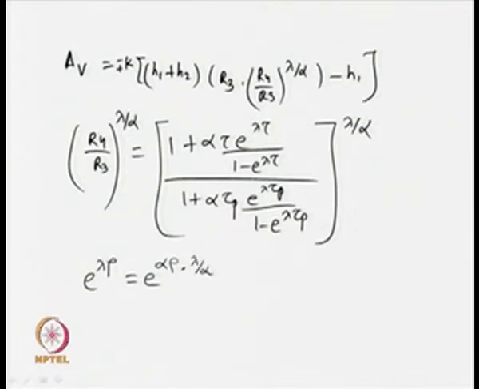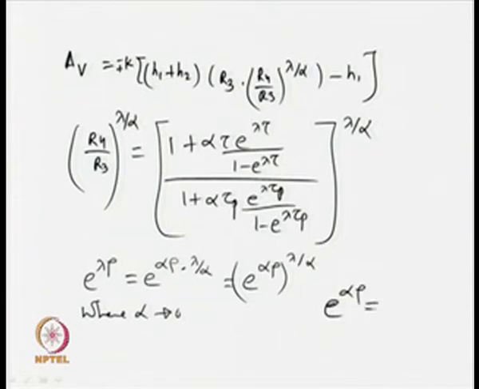So, I can write this as e to the power alpha rho to the power lambda by alpha, and when alpha tends to 0, alpha is a small number, the exponential term e to the power alpha rho can be expanded in the form of 1 plus alpha rho. This is known to us.